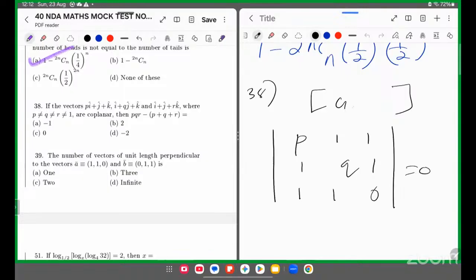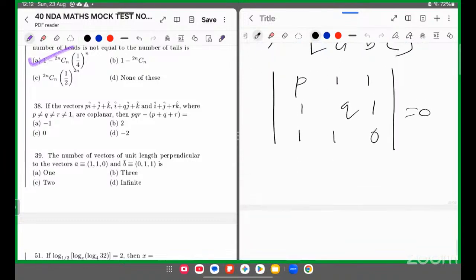For example, if three vectors are in the same plane, then if you calculate the box product of ABC, that means A dot B cross C, you will get the value 0. So this determinant becomes 0. So we can write P into (QR minus 1) minus 1 into (R minus 1) plus 1 into (1 minus Q).